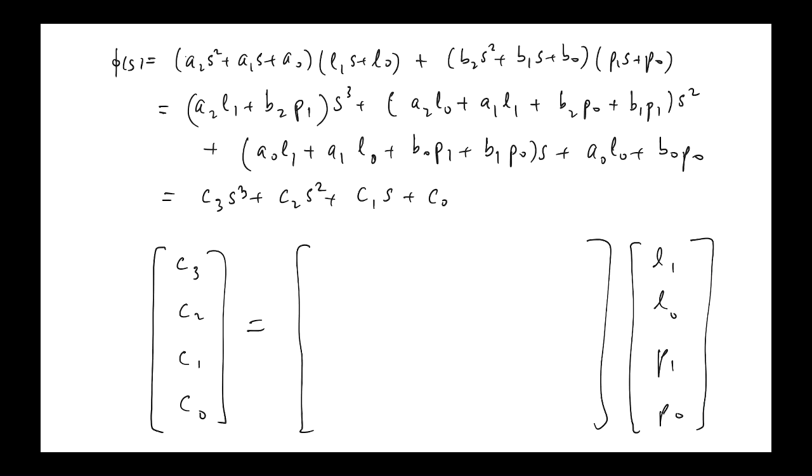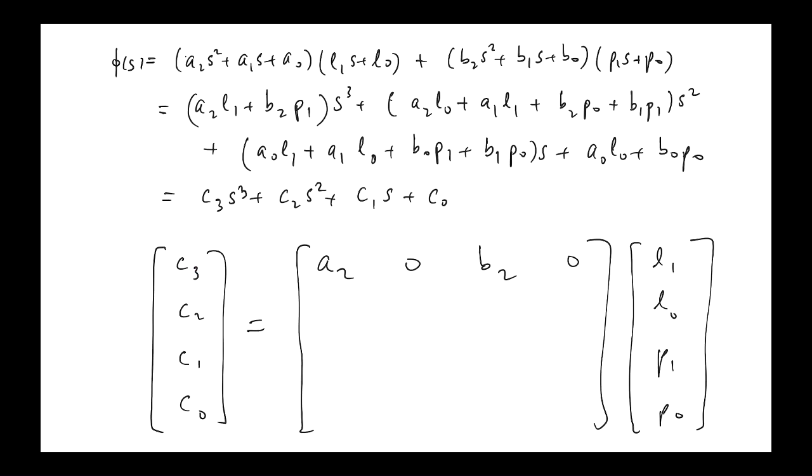And matching coefficients here, well, C3 must be A2 times L1 plus B2 times P1, right? So if we write down what the first row of this matrix has to look like, A2, 0, B2, 0, right? So that we get A2 times L1 plus B2 times P1, and we need to make that equal to C3.